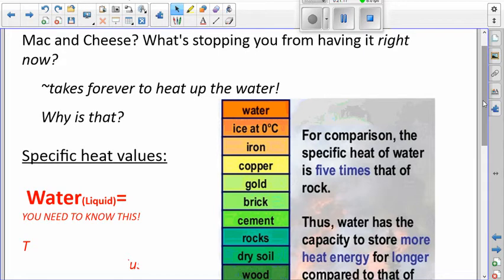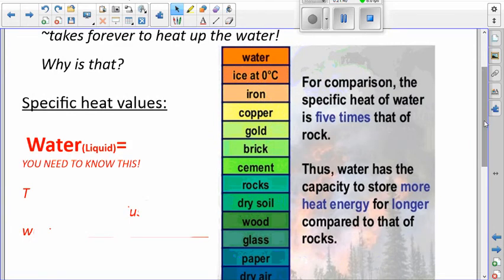If you put a pot of water on the stove and come back 30 seconds later hoping the water's boiling, you've clearly never used a stove before. You ever wondered why it takes forever for water to boil? It's because it requires a lot of energy, because water has a really, really high specific heat capacity. It's got a high price. It's bougie, okay? It's pricey.